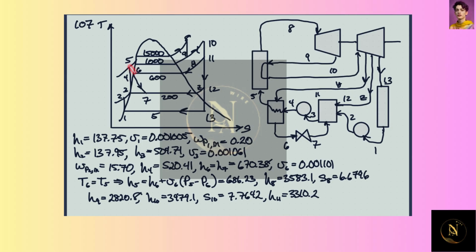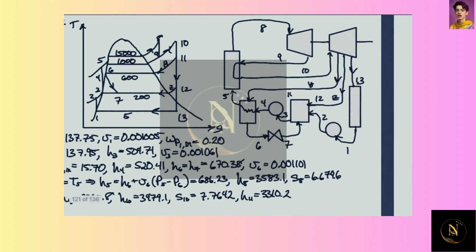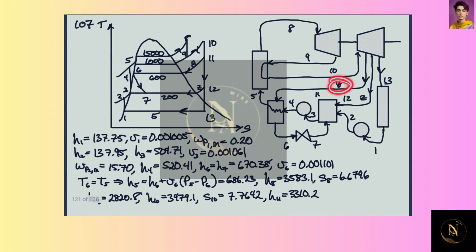So we needed to change the enthalpy by a little bit. So we got a little bump in enthalpy there. Now, let's see here. Where are we now? So now we can do this energy balance. And that will give us this ratio of M11 to M5, which is Y, right?